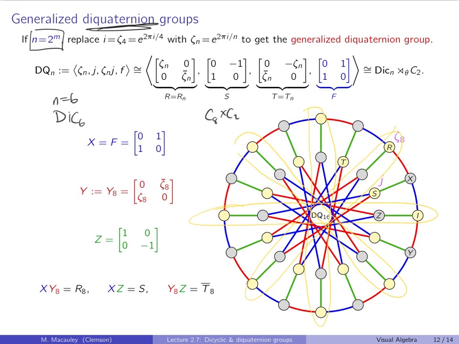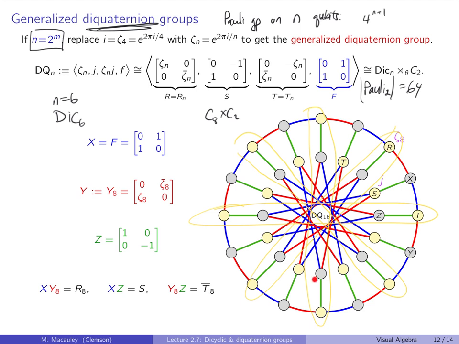There is something called the Pauli group on n qubits. The Pauli group on n qubits has order 4 to the n plus 1. So the Pauli group on 2 qubits, if I write it as Pauli 2, has order 64.